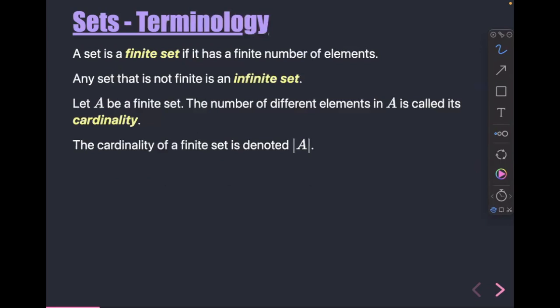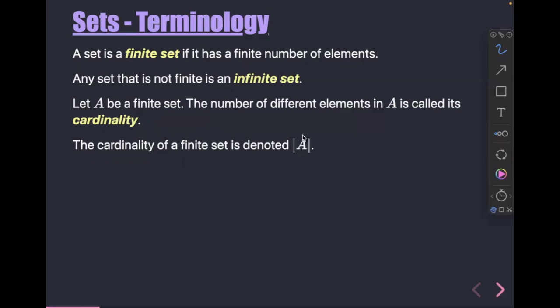First, I want to talk about the size of a set. A set is a finite set if it has a finite number of elements. And conversely, if it is not finite, then it's an infinite set. If A is a finite set, then the number of elements in A is called the cardinality of A. You'll often see it denoted with these two bars on either side of the name of the set.